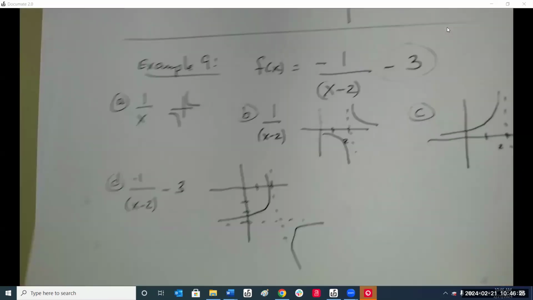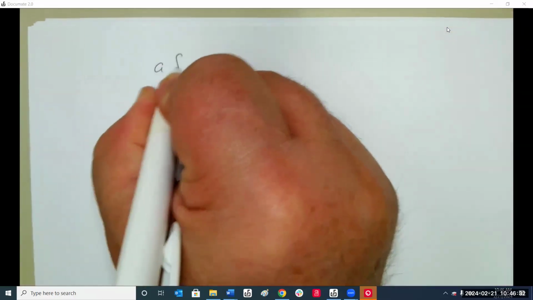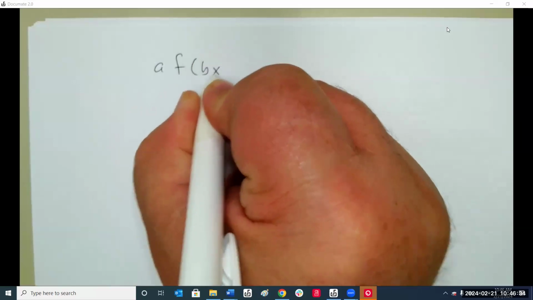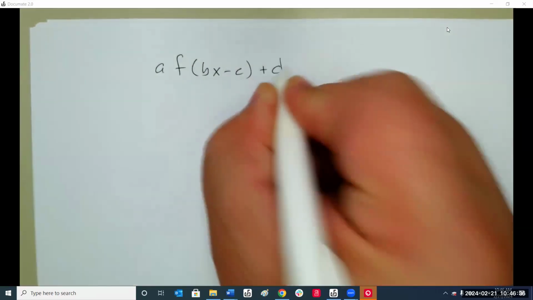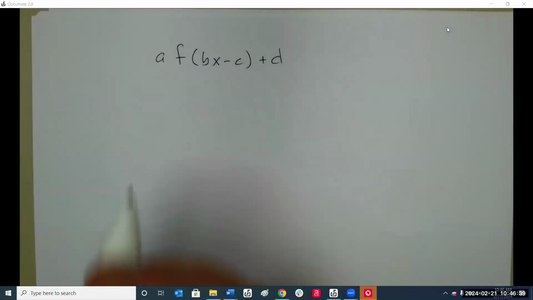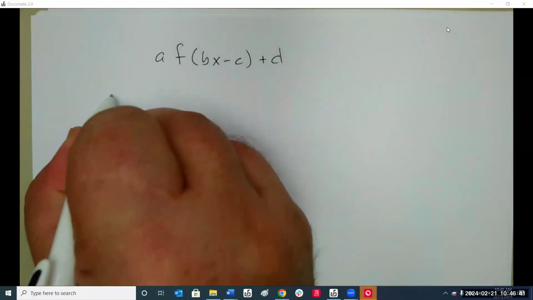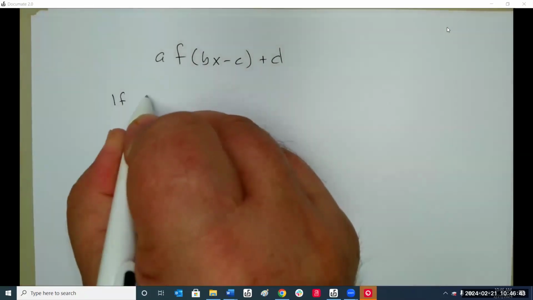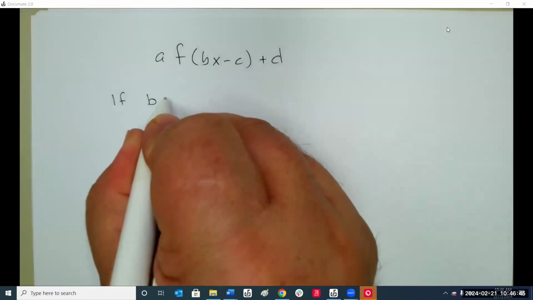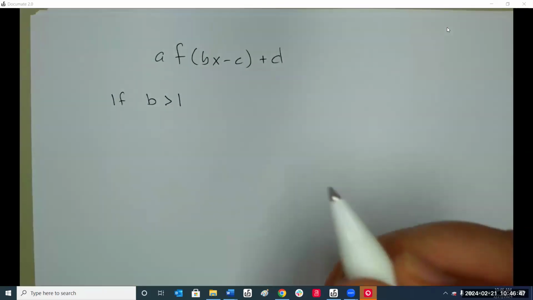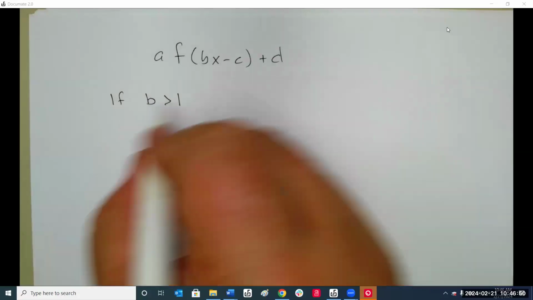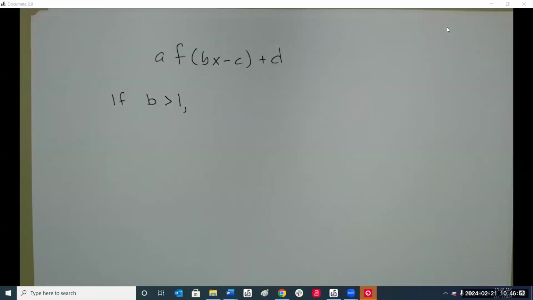If the coefficients are numbers, so if a and b are numbers, so if b is greater than 1, again, if it happens inside, is it horizontal or vertical?